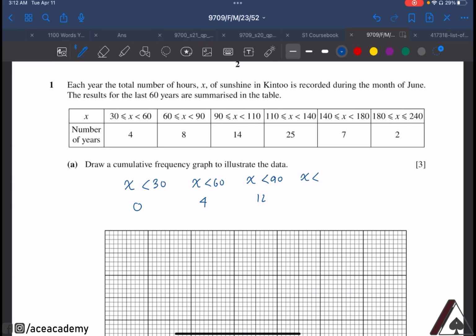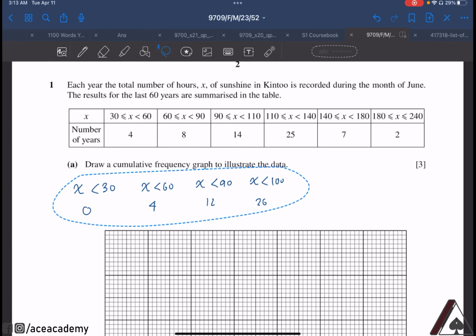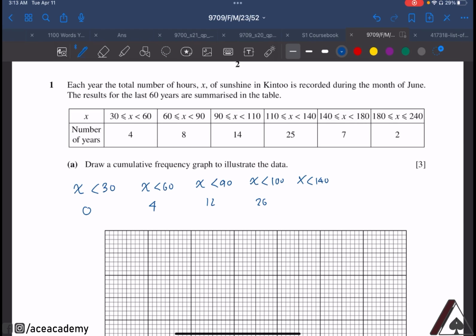X is less than 100, there are 26, which is 4 plus 8 plus 14. Afterwards, x is less than 140, it's 51. Then x is less than 180, it's 58. And finally, x is less than 240, which is 60.